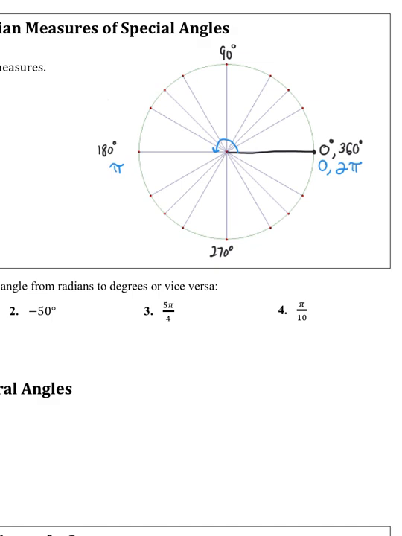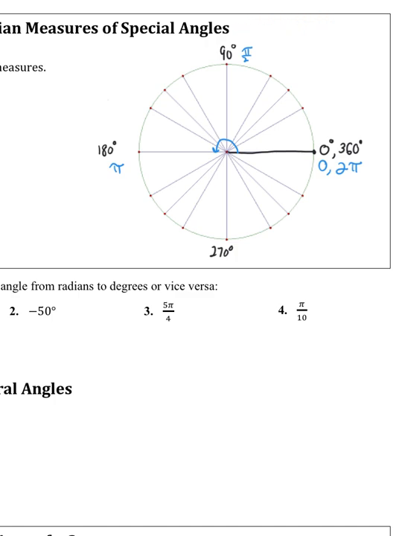And then I could do 1/4 of the circle as well. 1/4 times 2 pi, which is 2 pi over 4, which is 1/2 pi, or pi over 2. That's what 90 degrees would be in terms of radians. It'd be pi over 2.